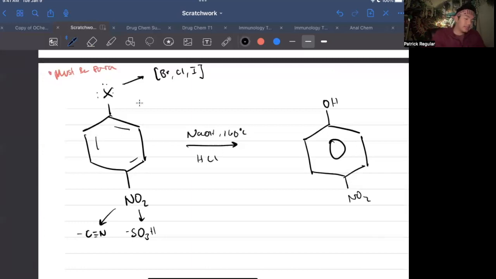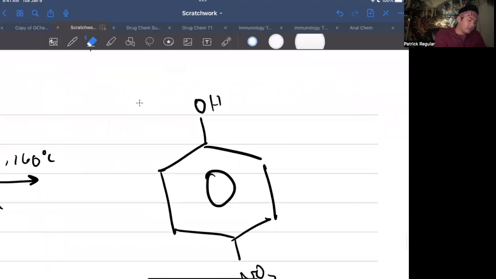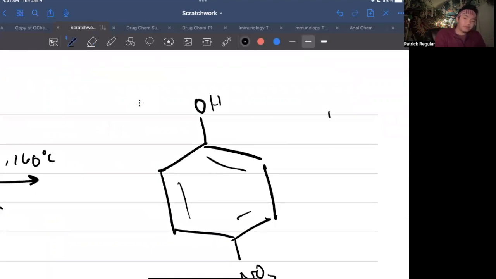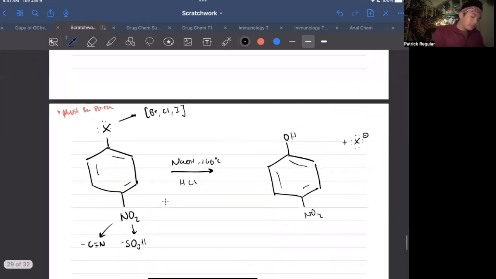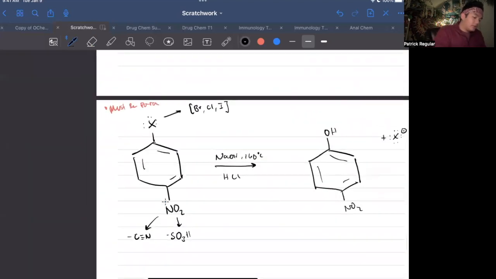Well, essentially, whatever strong base you have will replace the halogen, okay? It'll replace the halogen. So NaOH in a solution would be just OH minus.